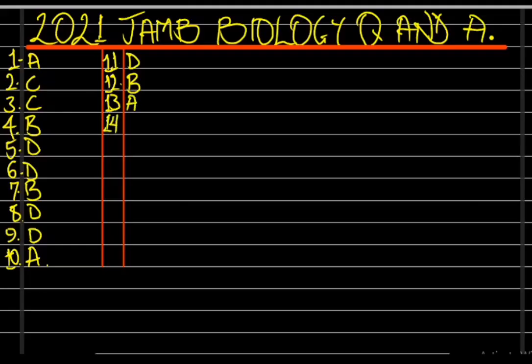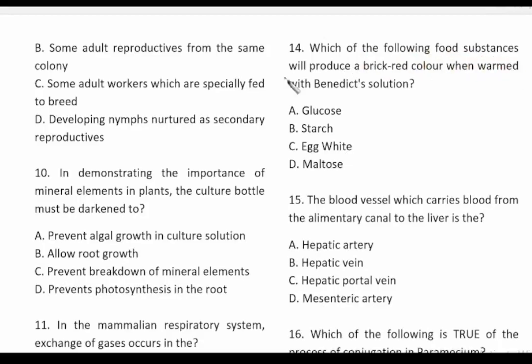And then question 14. Which of the following food substances will produce a brick red color when warmed with Benedict solution? Benedict solution is a test substance that is used in testing a particular food sample, and the food sample it is used to test is actually carbohydrate. So we have 3 types of carbohydrate. We have the simple sugars, the reducing sugar, and the complex sugar. Now, this particular substance is used to test reducing sugar, and so we can actually use it to see if there is a presence of glucose in a food substance. So that is what it is used to test.